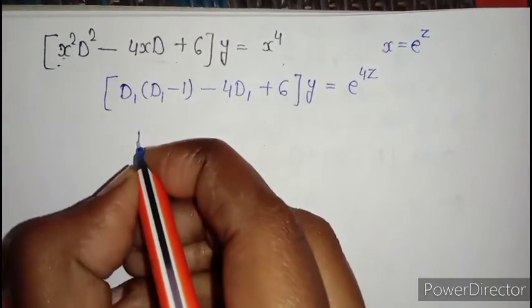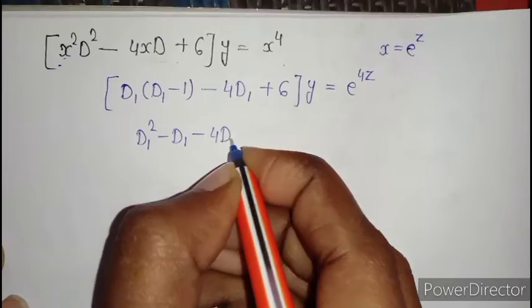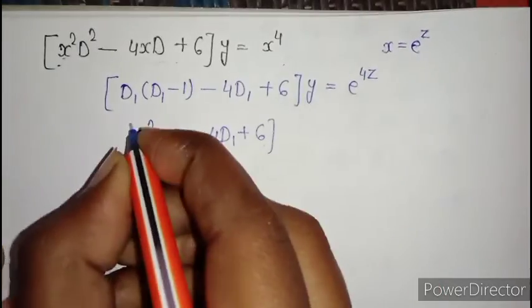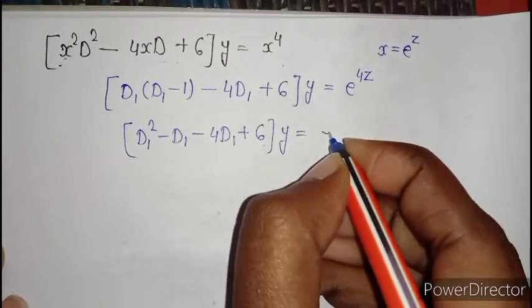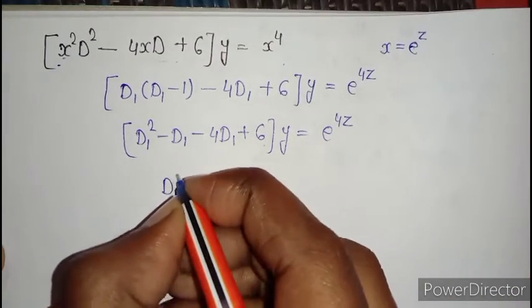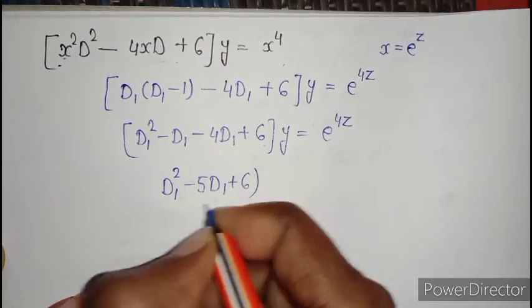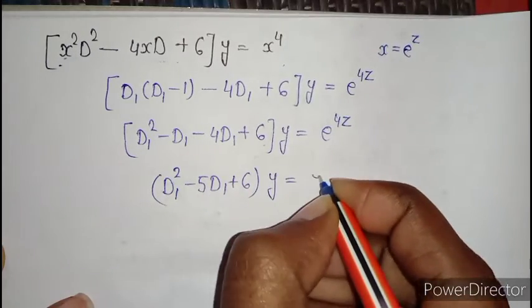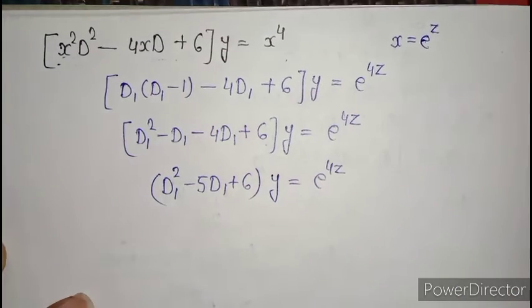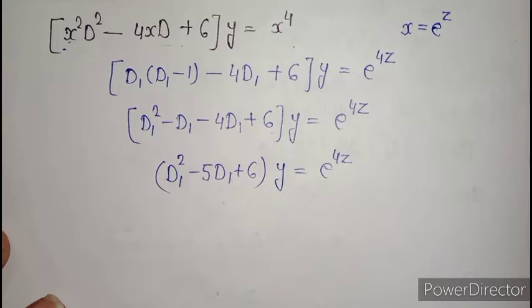If we solve it, then it becomes D1 square minus D1 minus 4D1 plus 6 applied over the function y is equal to e raised to power 4z. After solving, we get D1 square minus 5D1 plus 6 applied over y is equal to e raised to power 4z. Now you can see our equation got reduced into the form of a linear differential equation with constant coefficients.